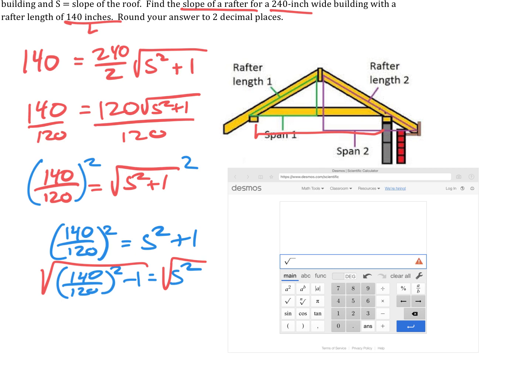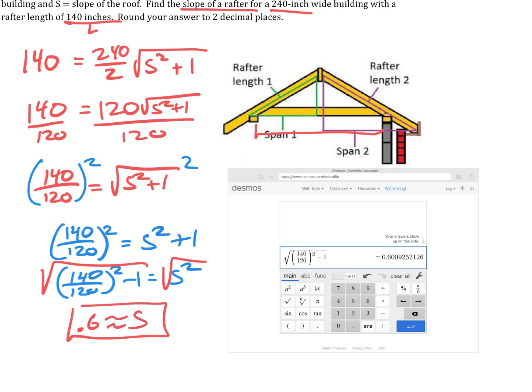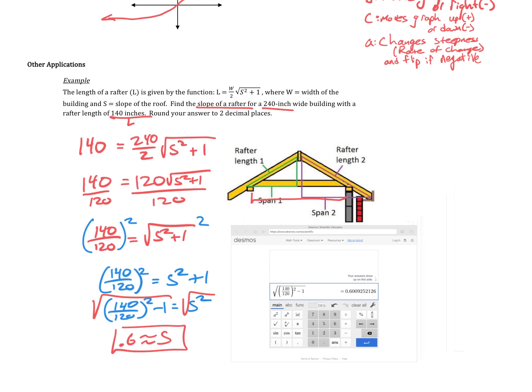We have the square root of 140 divided by 120, squared, minus 1. So you can see if the numbers are reasonable enough there, just kind of keep it all together. That works nice. And we get about 0.6. So the slope is about 0.6. So, 6 inches for every 10 inches there, roughly.